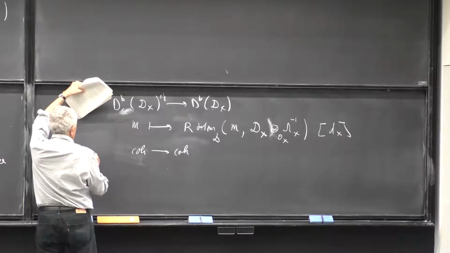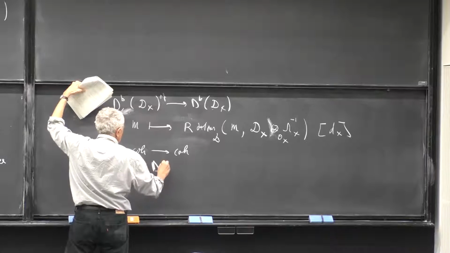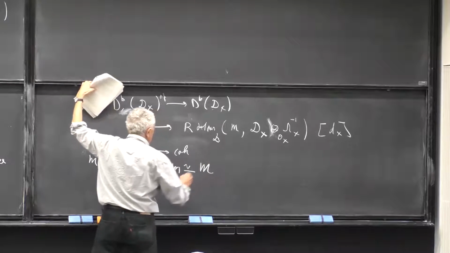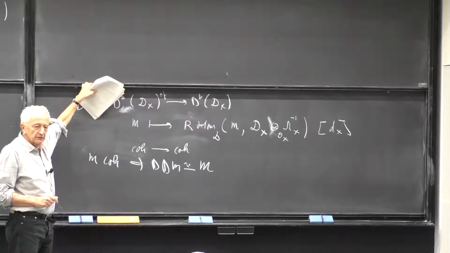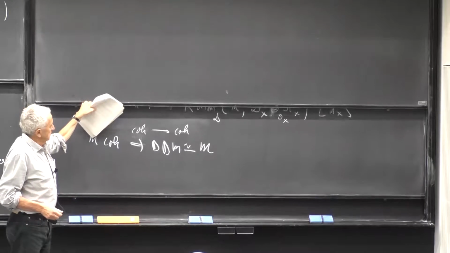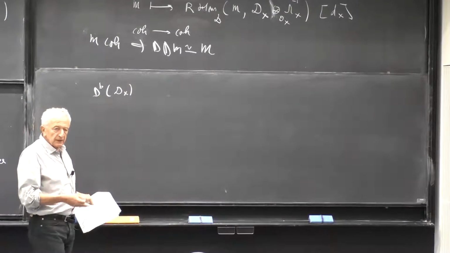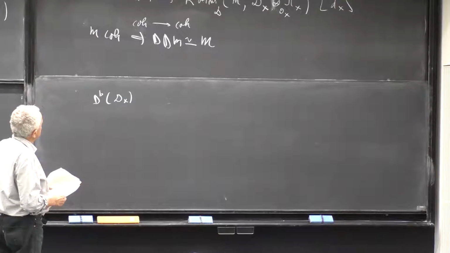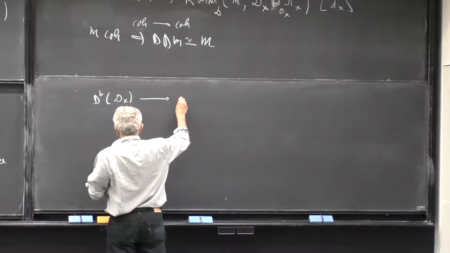And if M is coherent, then the dual of the dual of M is canonically isomorphic to M. It's an auto-anti-equivalence for coherent D modules. Like for a vector space, if it is finite dimensional, it's isomorphic to its bidual.